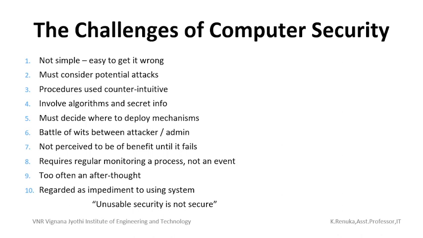So we should learn about the various procedures used. Then the mechanisms involve algorithms and secret information. In order to protect our information, we have to decide what kind of algorithms to use, and we must decide where to deploy the mechanisms. We will be using many security mechanisms, so we should be aware where to deploy them in order to protect our data.